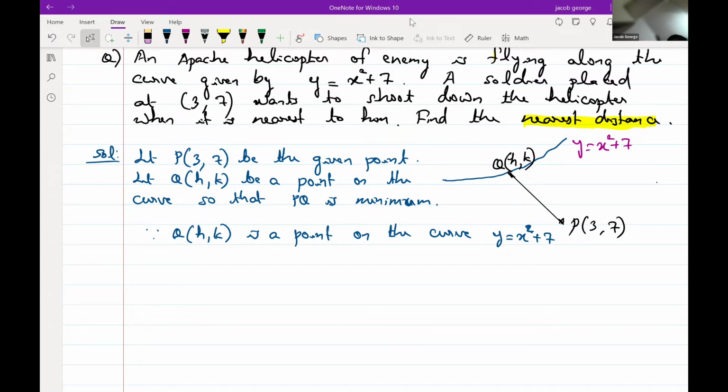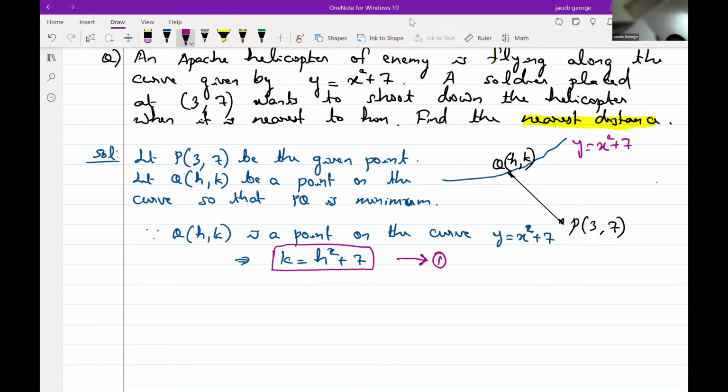We will substitute here, k is equal to h square plus 7. We will use this for further substitution, equation number 1. So this is the way of writing one variable k in terms of the other variable h.